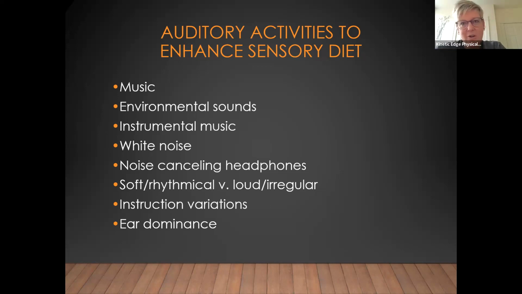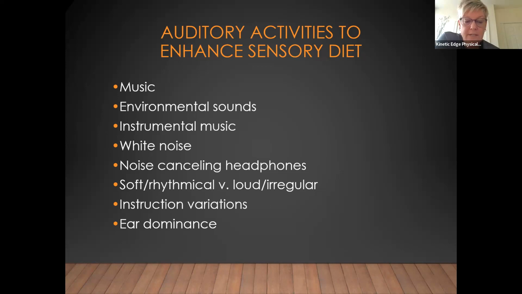And so thinking about what type of music you're playing, varying your instructions, and also, if possible, including a visual cue with your instructions, because as you remember, auditory input is the very most difficult thing for our brains to process. And so if you can combine it with an additional cue, that can be sensory friendly.